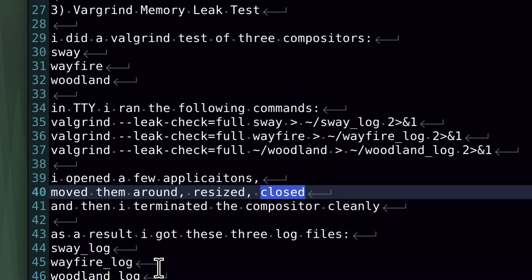To be fair, this is not runtime monitoring. This is more of a quick test to see how each individual compositor cleans up the resources on exit, on termination. So let's see the logs now.